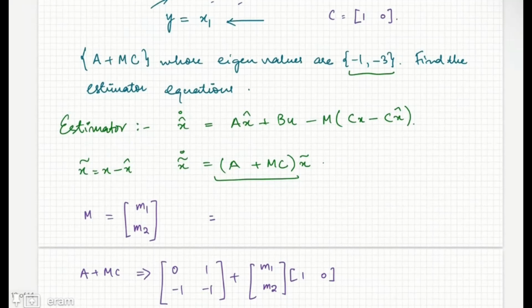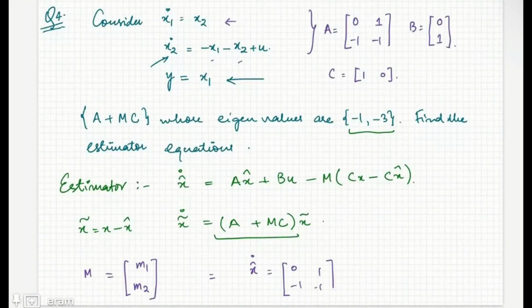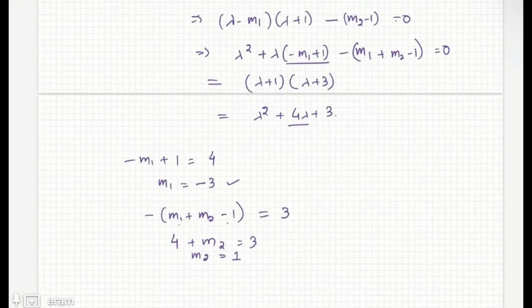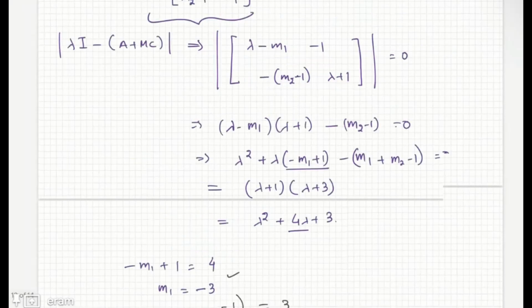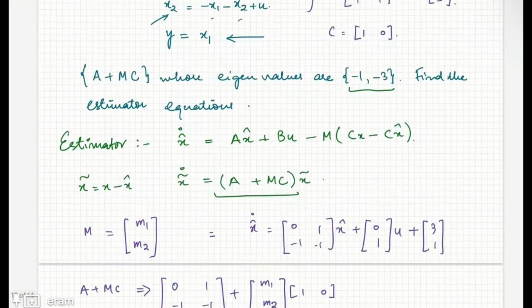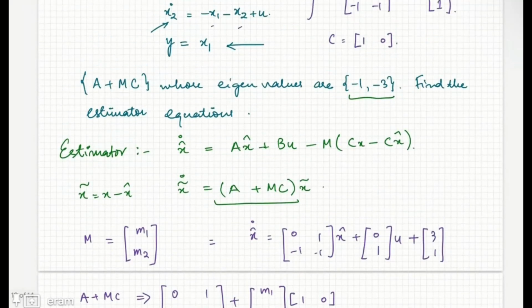That means we have the estimator of the form x hat dot equals A matrix, which is 0, 1, minus 1, minus 1, and B matrix, which is 0, 1, times u, minus M. So M is m1, m2, which is minus 3, 1, so it is 3, 1 into C, or we can write Cx as x1 minus x1 hat, obviously.